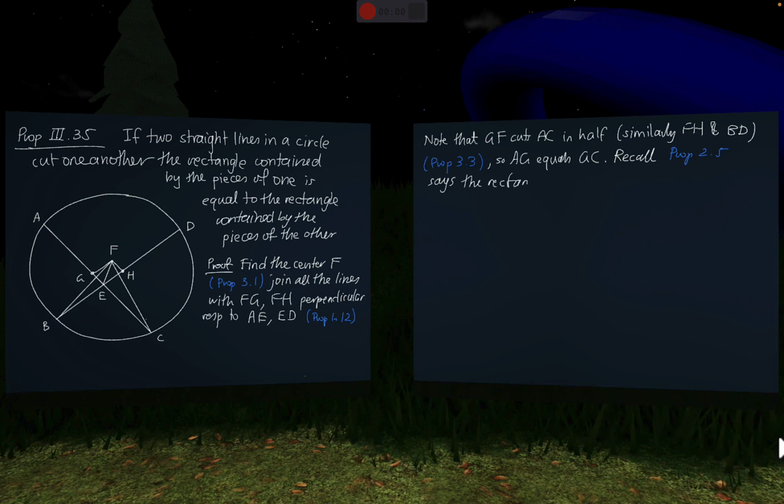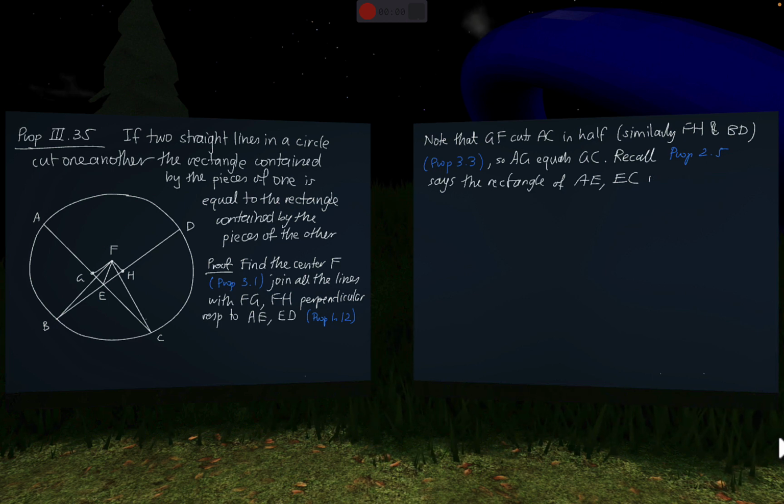So the rectangle of or contained by AE and EC, which are not equal parts, but that is equal to, plus the square on the difference, right?